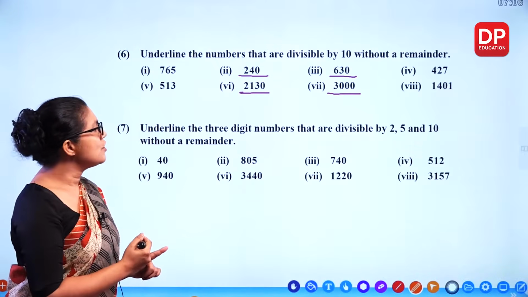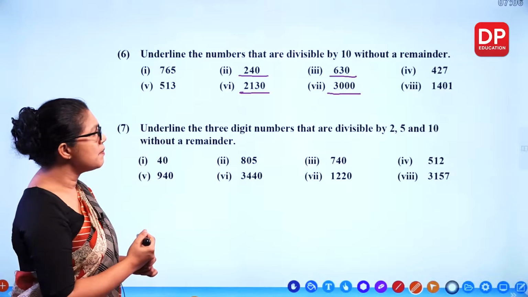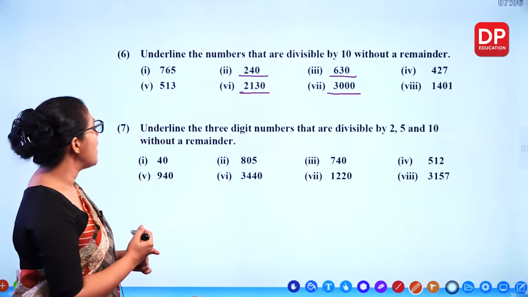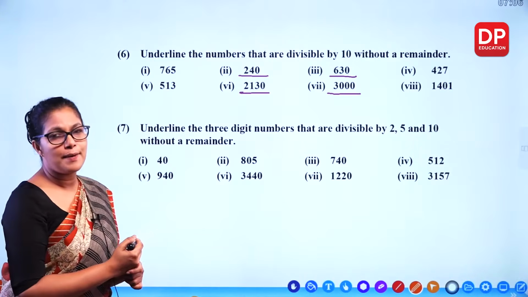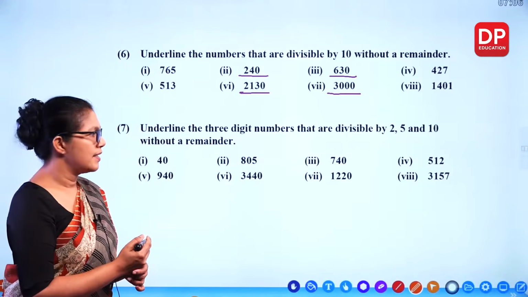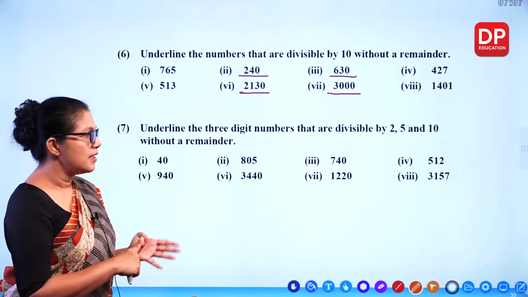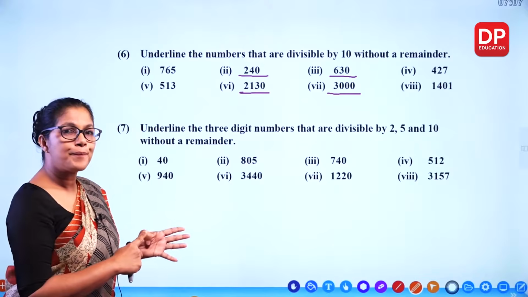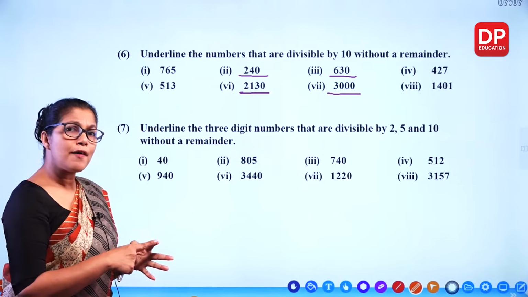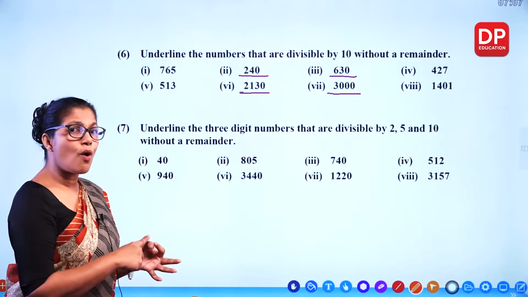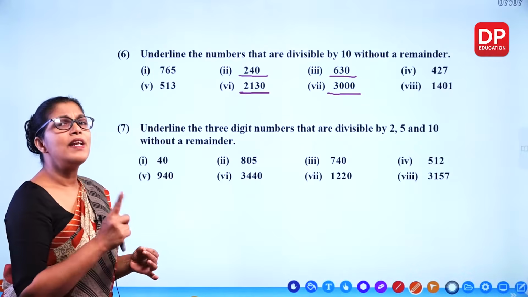Underline the 3-digit numbers that are divisible by 2, 5 and 10 without a remainder. So what's the condition? This should be an even number if it's divisible by 2. 5 means either 0 or 5. But 10 only 0.